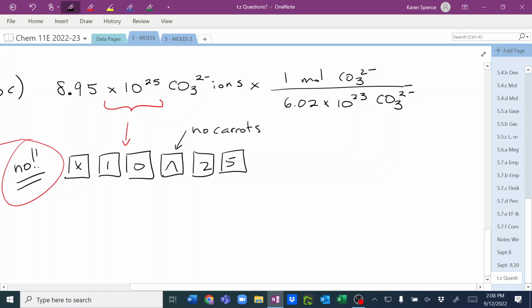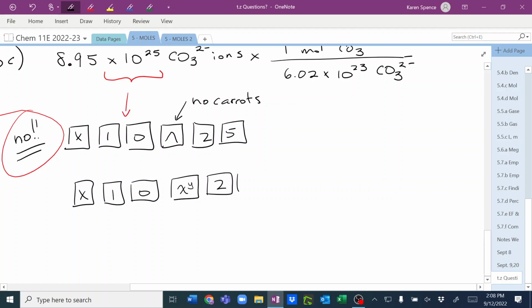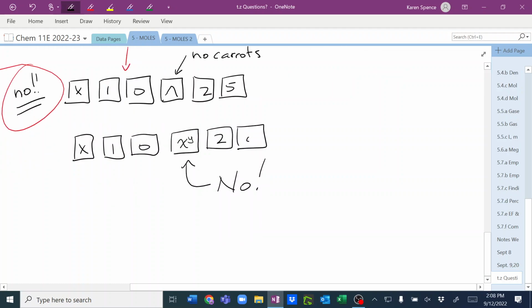No carets. No, we don't want this one either. Don't touch those buttons. I will show you the buttons that you want to use.